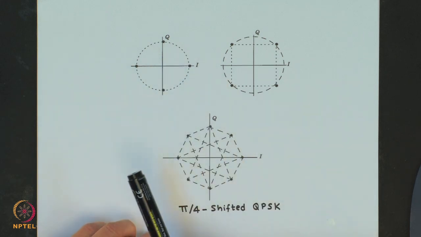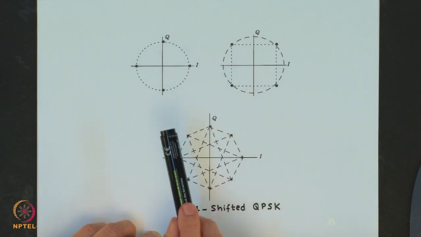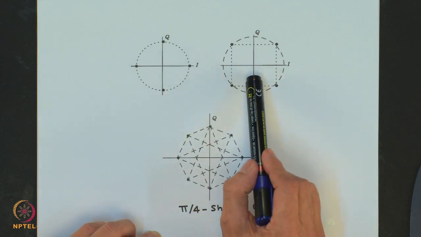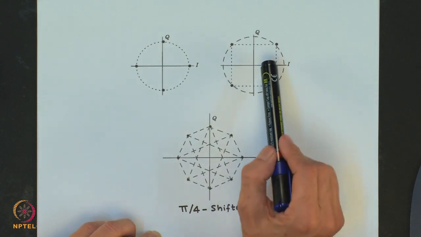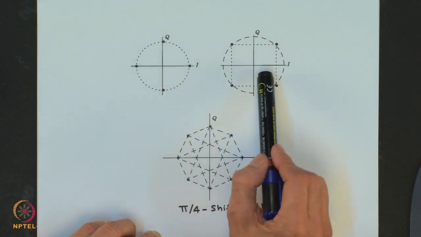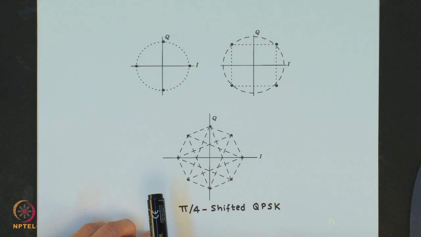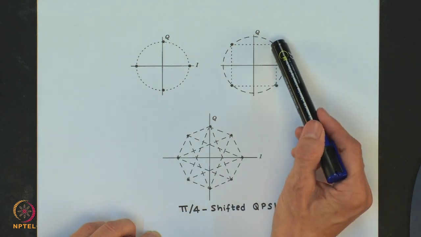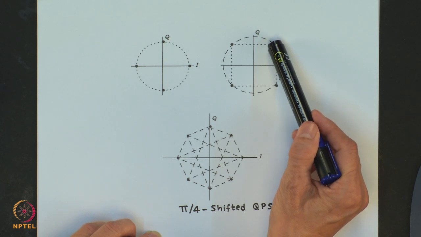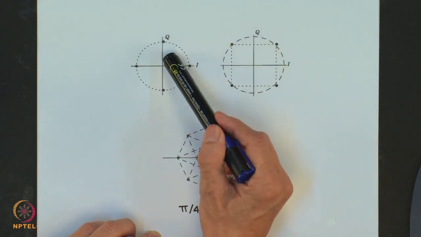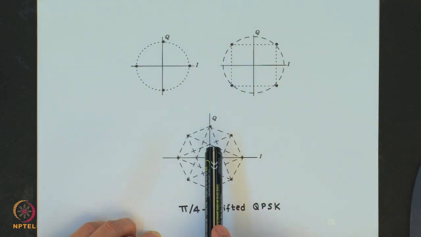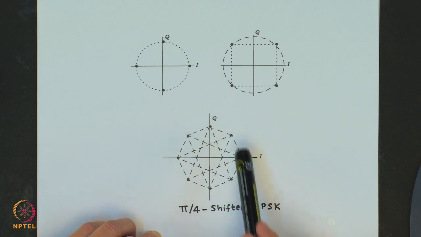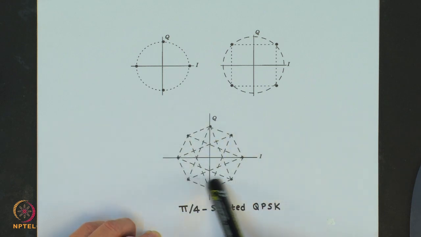So in pi by 4 shifted QPSK, the carrier phase used for the transmission of successive symbols is alternately picked from one of the two constellations shown in this figure. One time it is picked from this constellation, and the other time it would be picked from this constellation. So it follows that a pi by 4 shifted QPSK signal may reside in any one of 8 possible states as indicated in this figure.